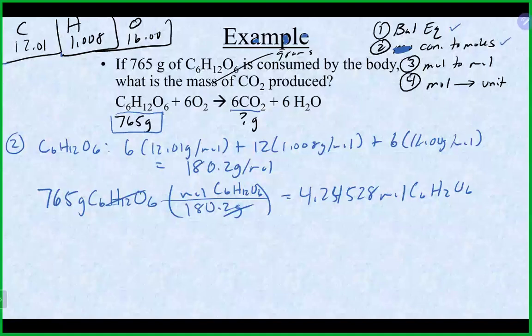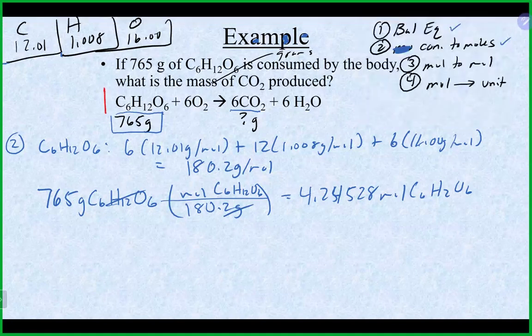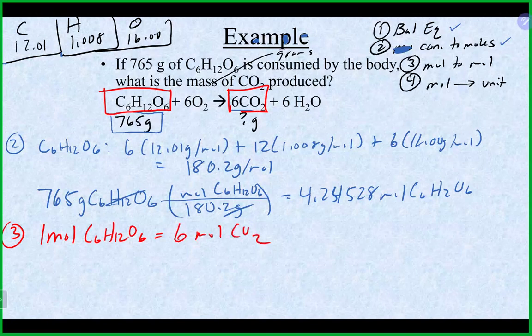Step number 3 is our stoichiometry part. Again, we go to the equation and look at the 2 things we're interested in. That's one of them, and what we're trying to find is the other. We can see from the balanced equation that for every 1 mole of C6H12O6, we will produce 6 moles of CO2. Once again, that is just the coefficients, and we will use that as a conversion factor.